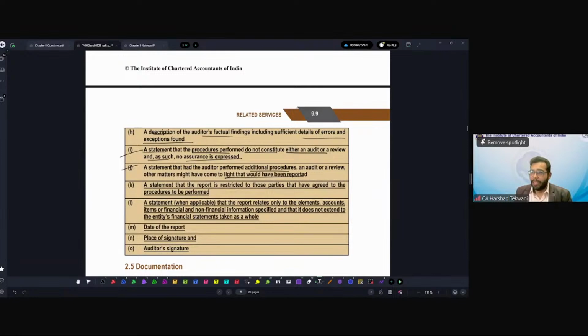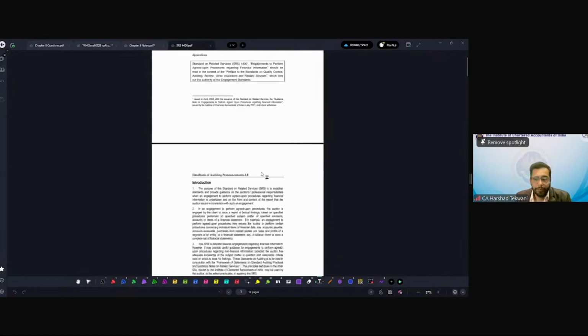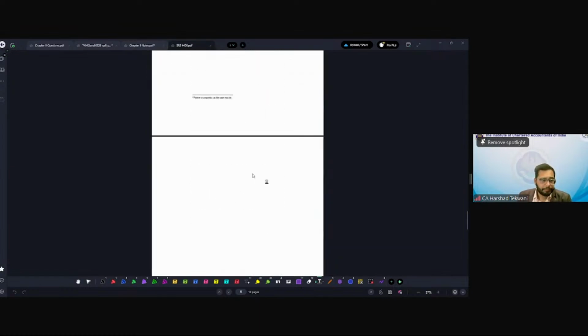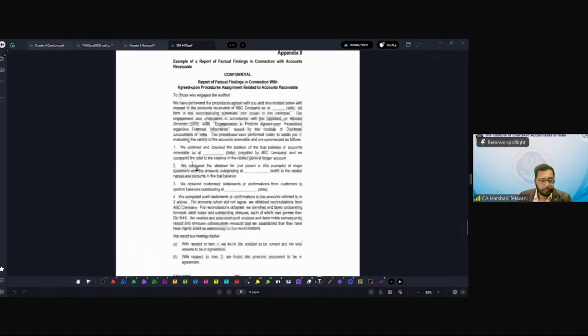So we have the bare text of the standard also, and the bare text of the standard also contains one draft. I'll show you that draft, and then I'll show you another dummy also. Okay.